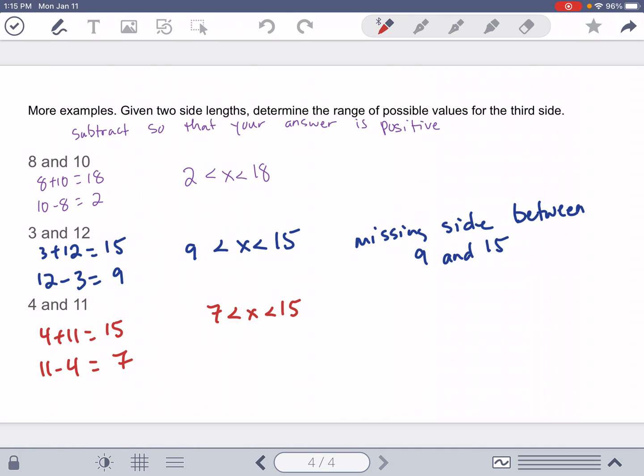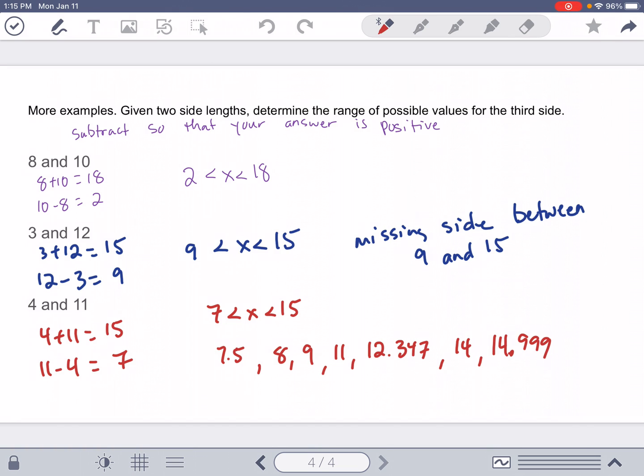So that means 7.5 would work, 8, 9, 11, 12.347, 14, 14.999.